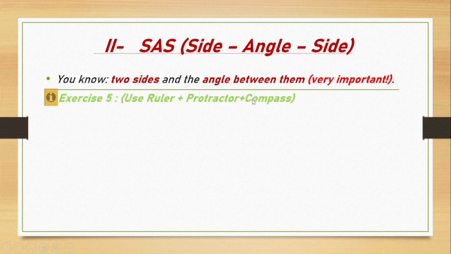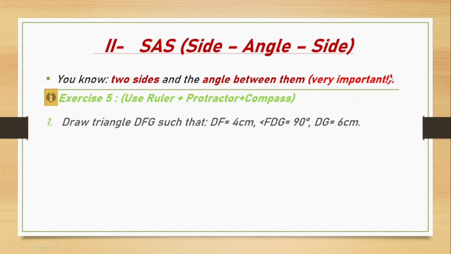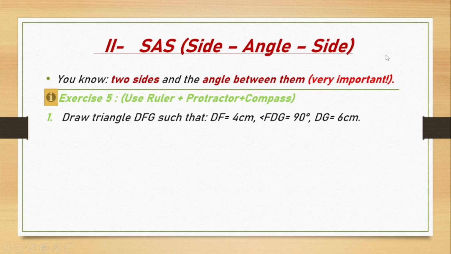Prepare your ruler, protractor and compass. Part 1. Draw triangle DFG such that DF equal 4 cm and angle FDG equal 90 degrees, right, and DG equal 6 cm.